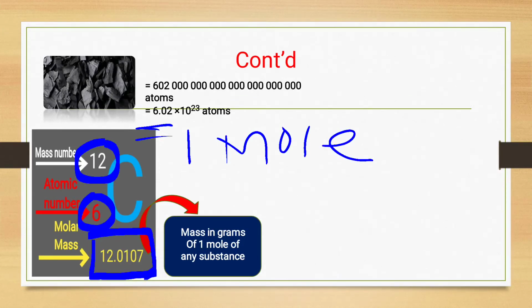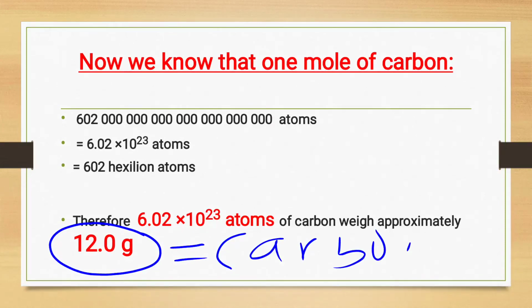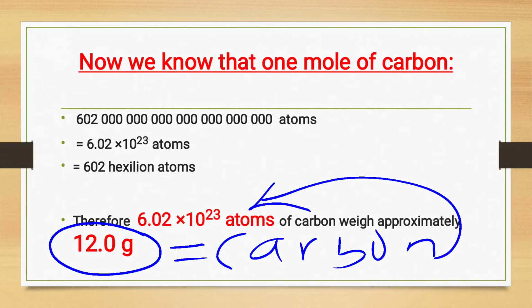So it is correct to conclude that in 12.0 grams of carbon, which is the molar mass of carbon, we have 6.02 times 10 to power 23 atoms.